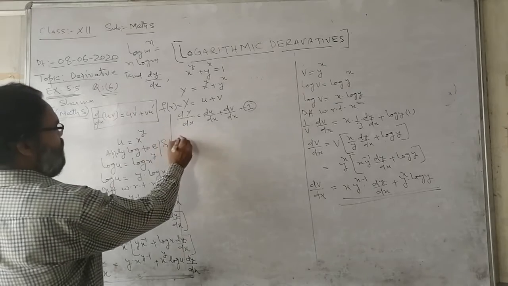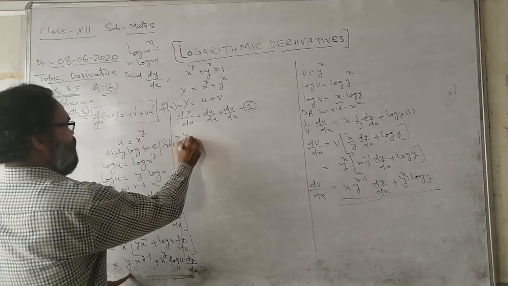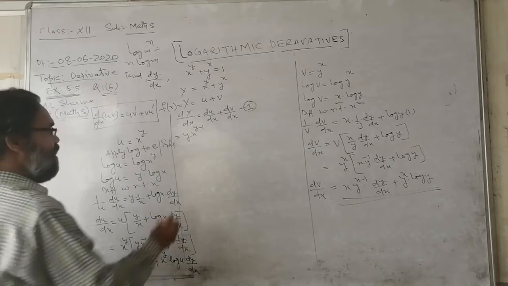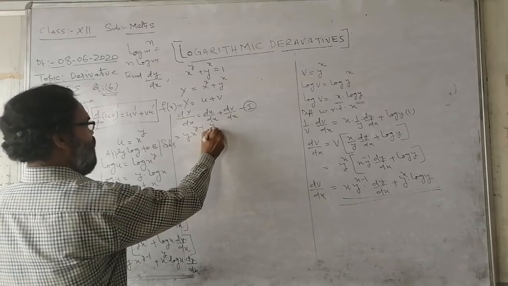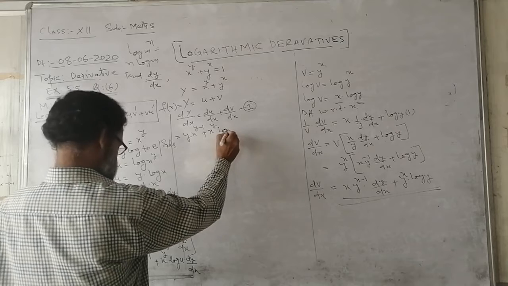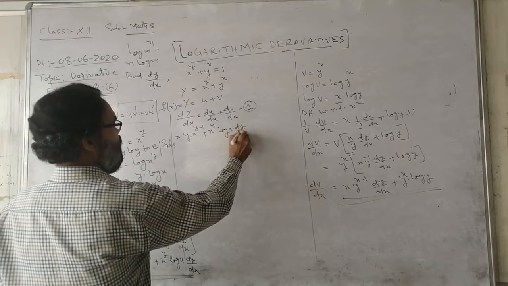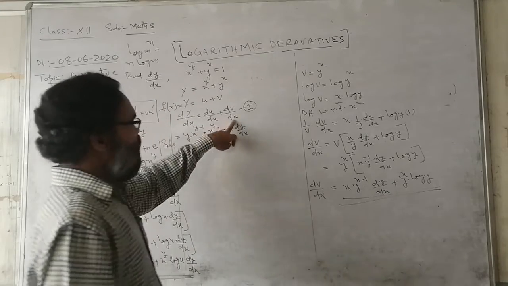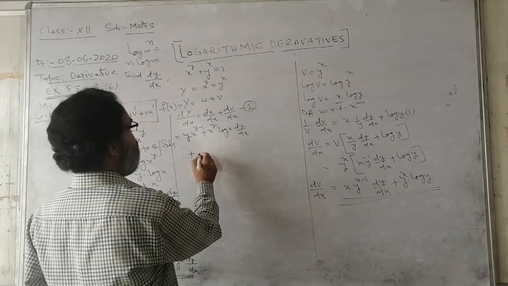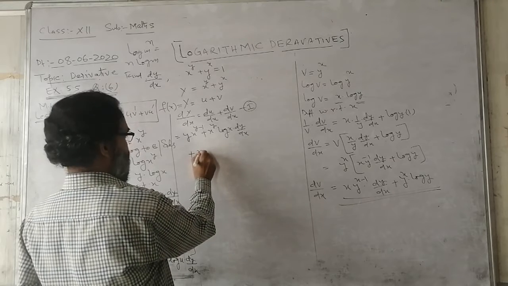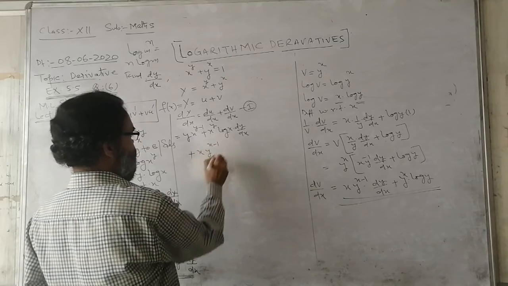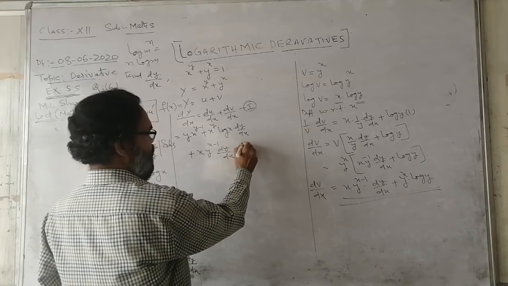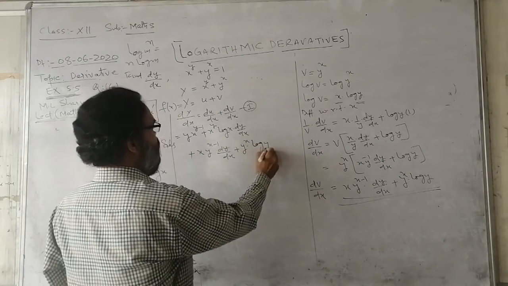So if I substitute here du upon dx, its value is y times x raised to power y minus 1 plus x power y into log of x dy upon dx, plus the dv upon dx, it is here x into y raised to power x minus 1 into dy upon dx, and this last term y raised to power x log of y.